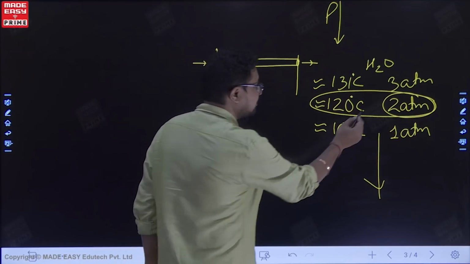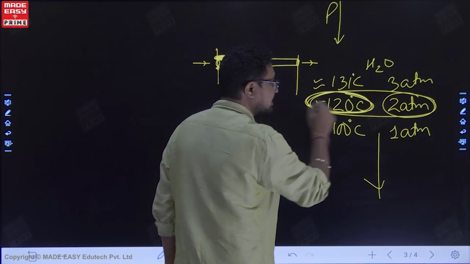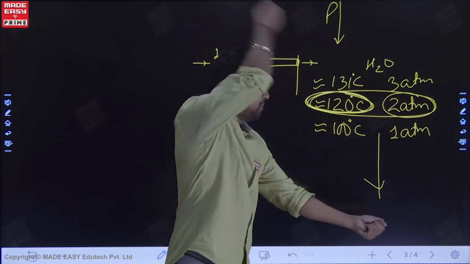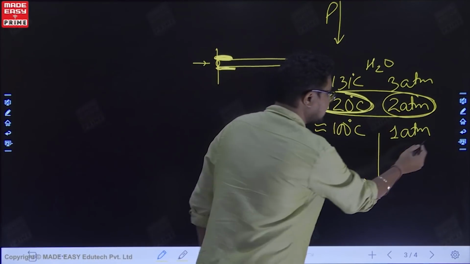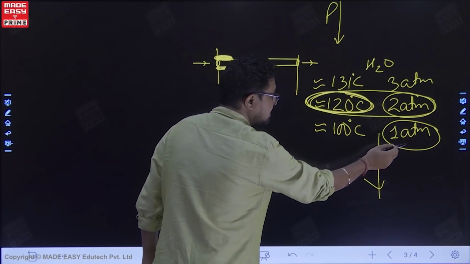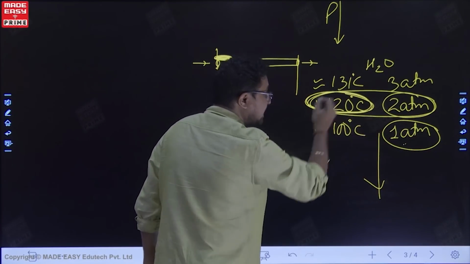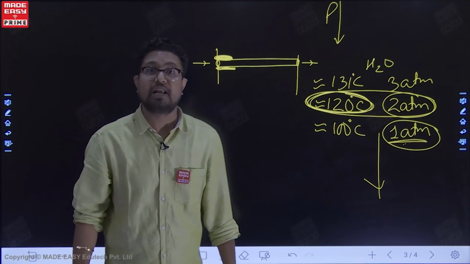So if you have liquid at 120, pressure was 2 atmosphere in the cooker, you opened the lid of the pressure cooker, you suddenly dropped the pressure to 1 atmosphere. Now you have boiling liquid at 120 and pressure is 1 atmosphere. The liquid cannot exist at 1 atmosphere at 120 degrees Celsius. So what will happen?